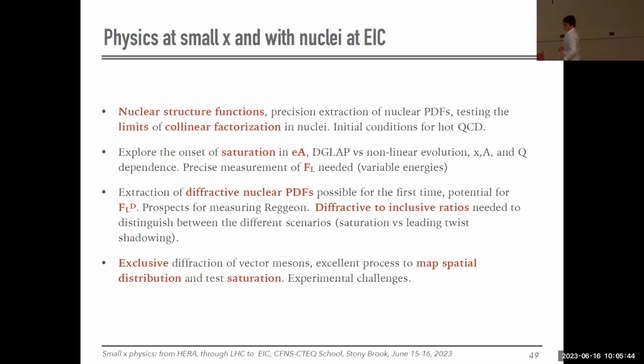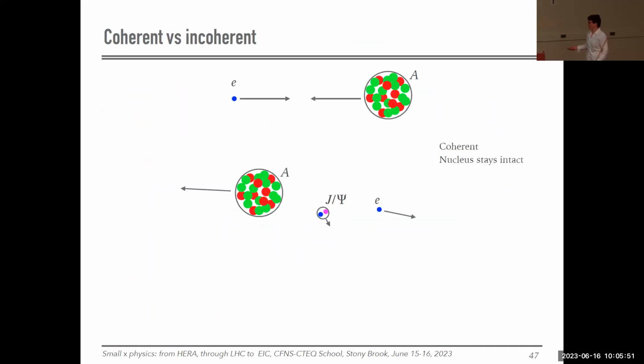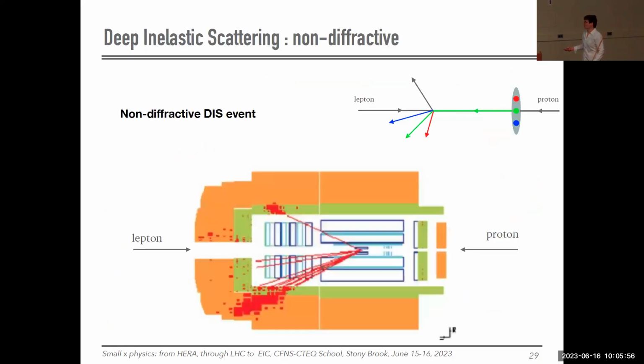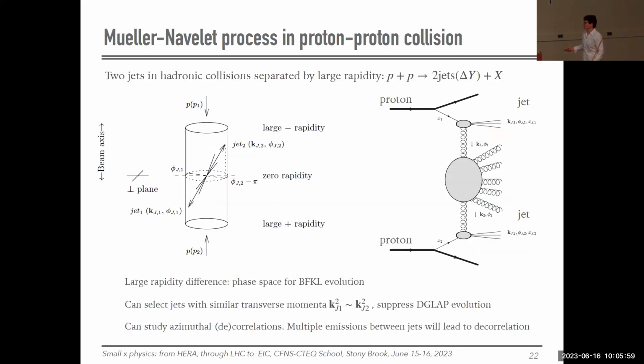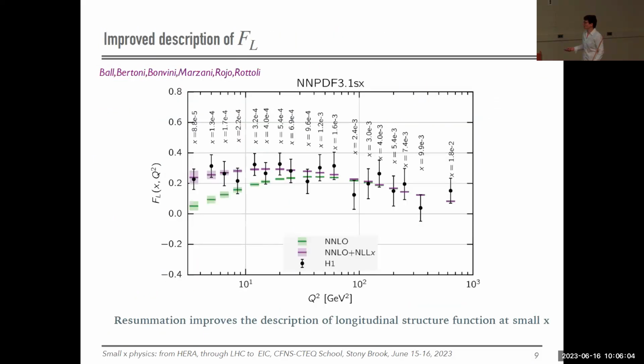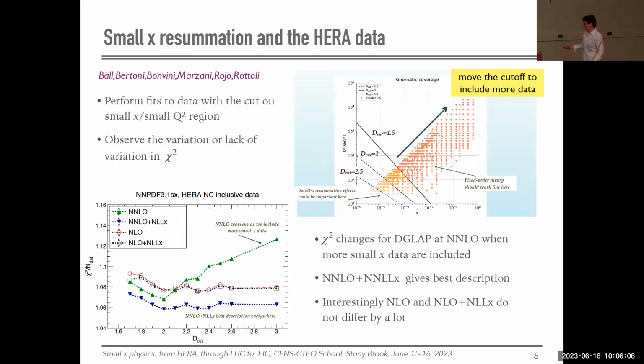So what I try to argue there is that there is some dynamics at HERA. In the inclusive case, certainly there is something going on at small x, but this can be described by the linear small x evolution.